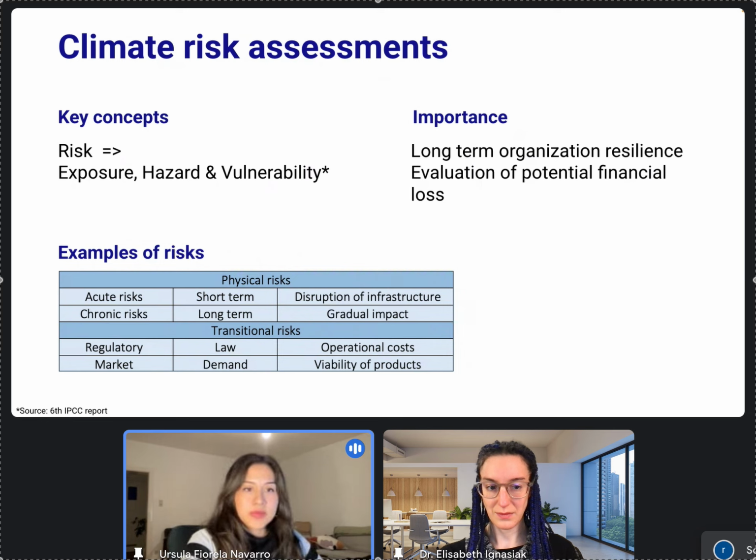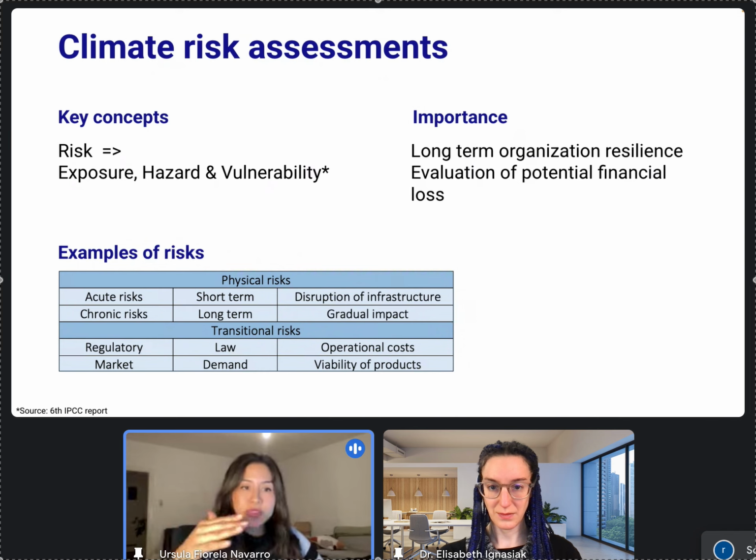So there are a few examples of risks that can be seen in this table. There are many more types of risk, but just to mention a few, there can be physical risk and also transitional risk. Physical risks are those that are directly provoked by climate change, and these can be measured in terms of time frame.